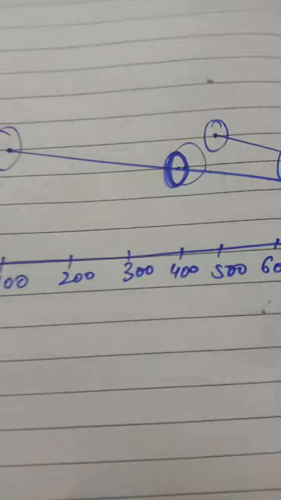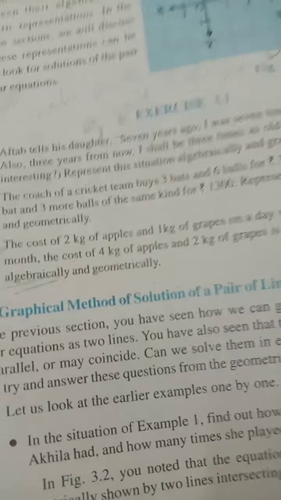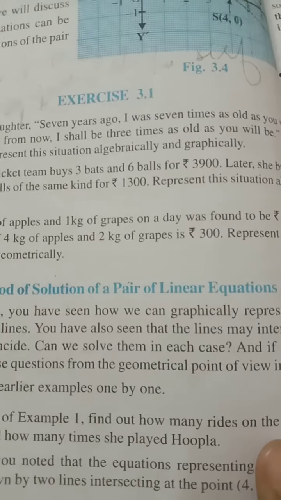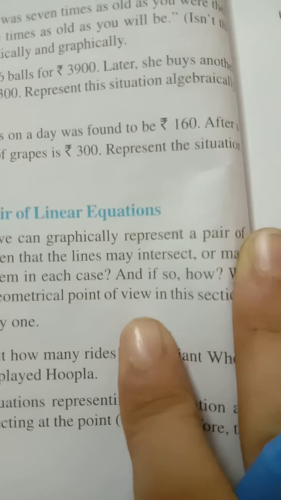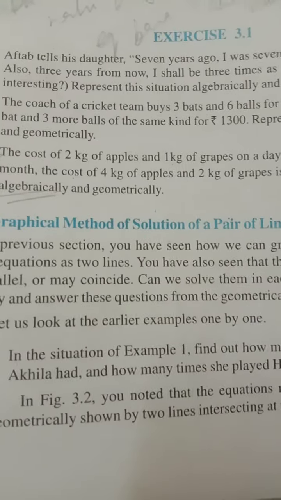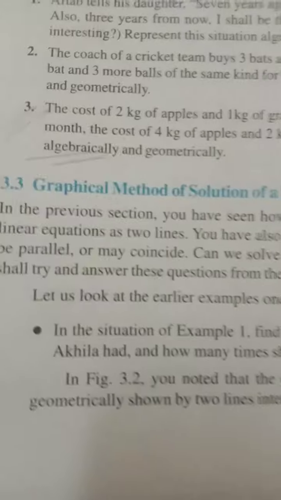Okay, next we have last but not the least, question number 3. The cost of 2 kg of apples and 1 kg of grapes on a day was found to be rupees 160. After a month, the cost of 4 kg of apples and 2 kg of grapes is rupees 300. Represent the situation algebraically and geometrically.